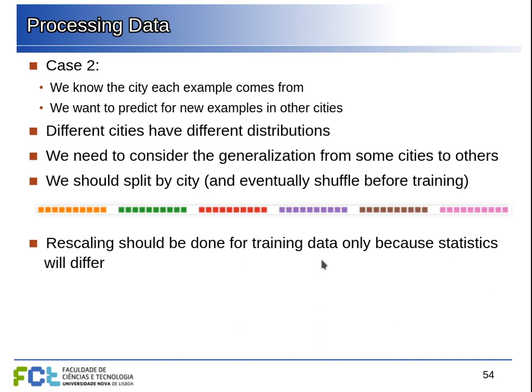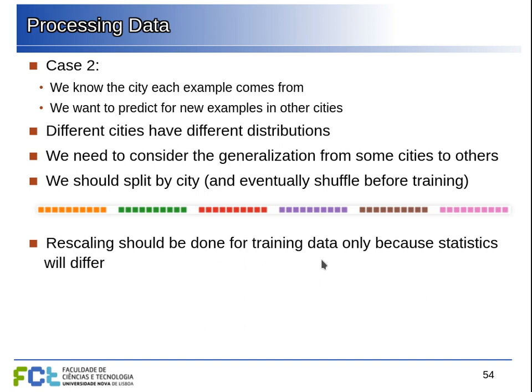For example, we should not have points on the test set that come from the same city we have on the training set, because if we mix the cities that way, we are not simulating the real scenario where we will try to apply our hypothesis to predict something about different cities, because we will have the same points from the same cities mixed together.